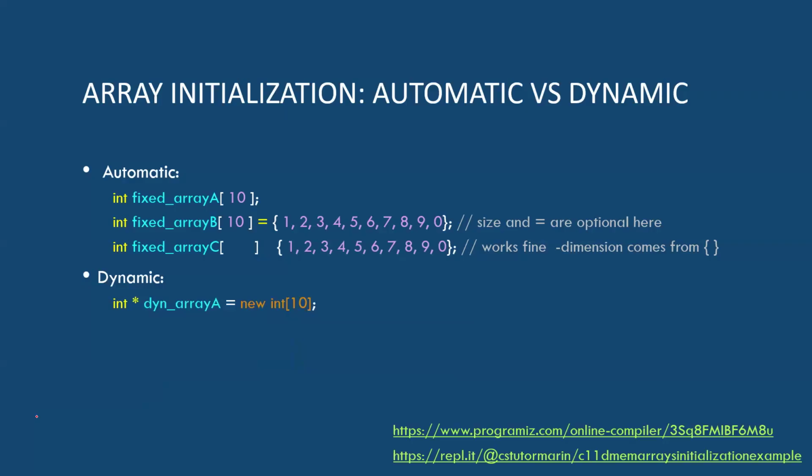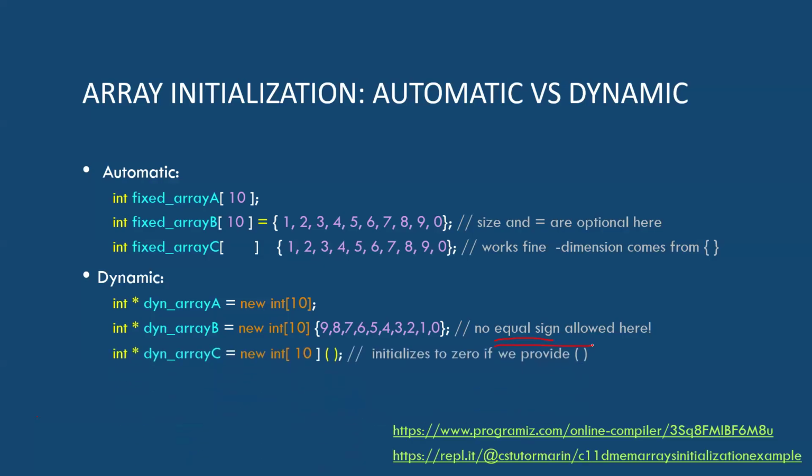Now if we do it this way, or this way, that's okay, but we cannot, this is terrible, we can't use an equal sign there. Otherwise, we'll get a compiler error, okay? Makes me a little bit crazy. But if you are trying to do that with dynamic memory, you might think, oh, it's not supported, but we just have to take out that equals sign, okay?